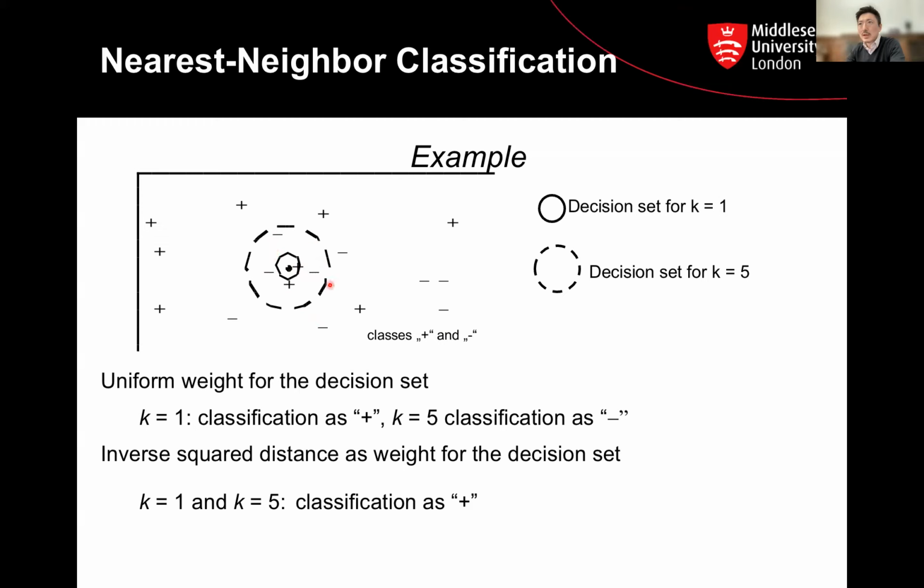So for example, this plus is very close to me, so it has much more weight affecting my class compared to this one, which is further away. So it should have less weighting in the overall decision. And in that case, the overall class might still be plus, because even though you only have 2 plus, they are much closer to the point compared to the 3 minus. Again, there are just many different ways you can decide.